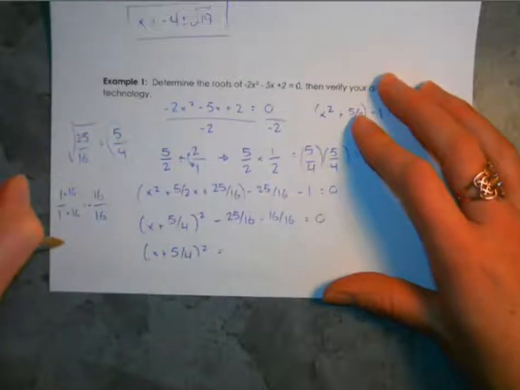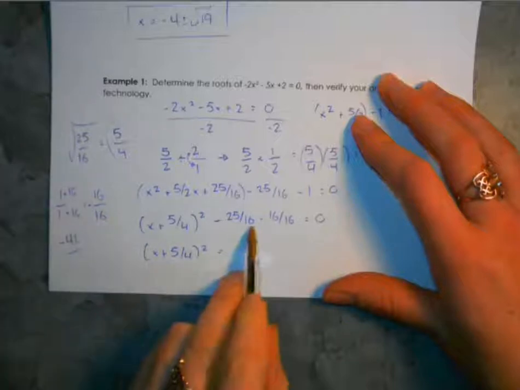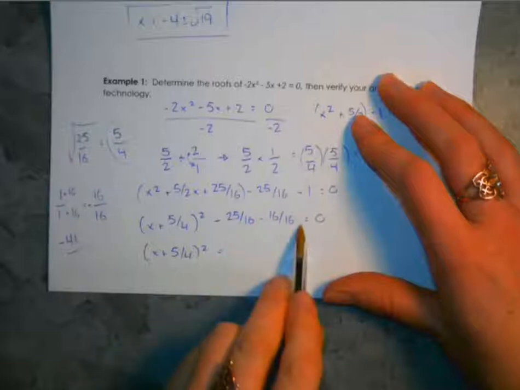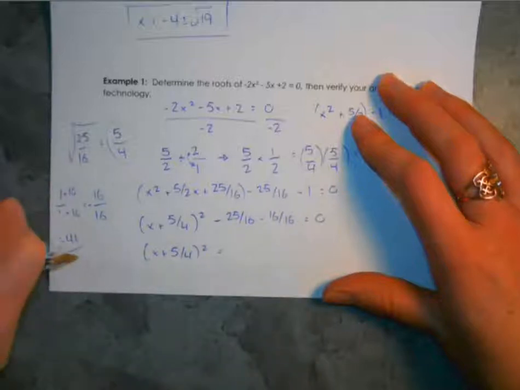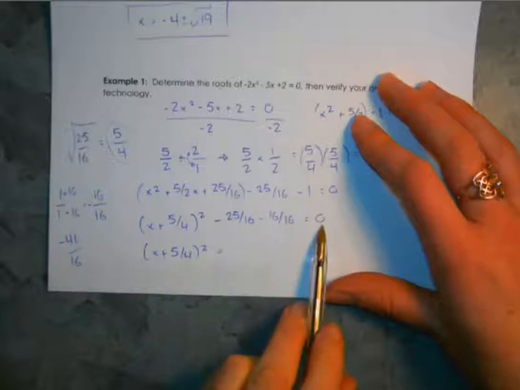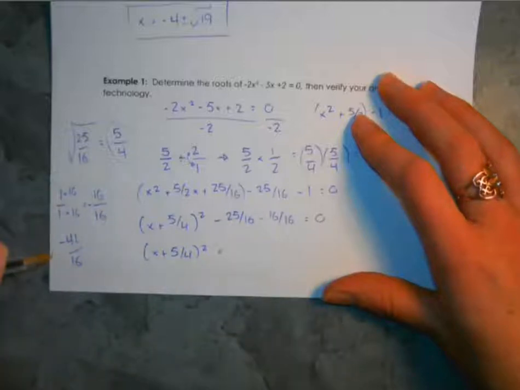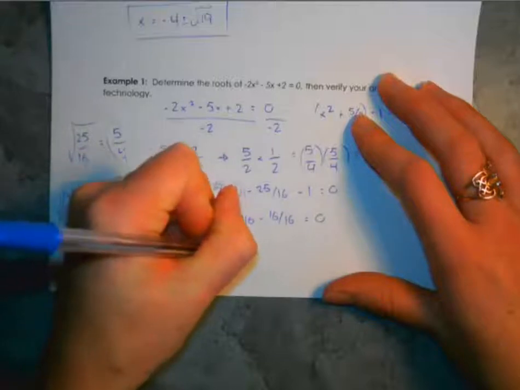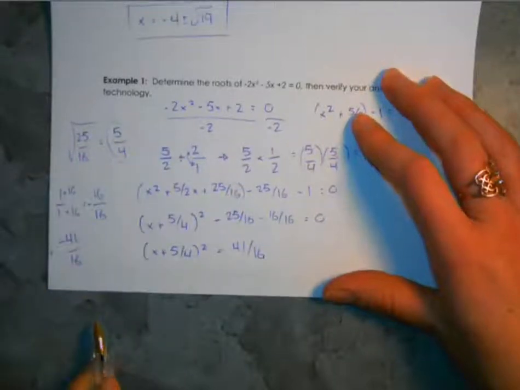So I should probably just put that down here. So I had negative 41 over 16, and when you subtract fractions, remember you only subtract the top. The denominator stays the same. So to move it to the other side, we need to add it, right? Opposite operation. So it's going to be 41 over 16 over here.